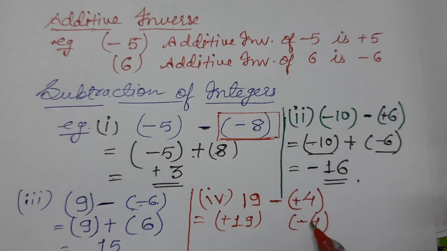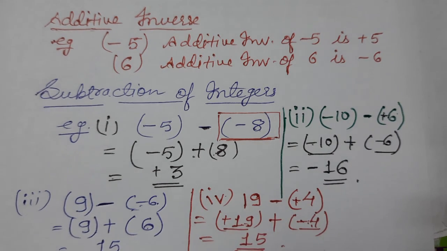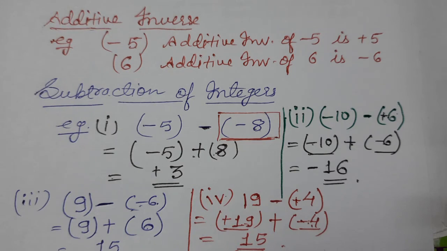And in this way this minus will turn to plus. Now there are two numbers, addition of integers का addition करना है. So 19, one plus and one minus, subtract: 19 minus 4 is 15. So in this way we can do subtraction of integers.